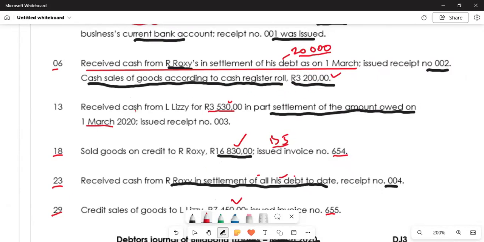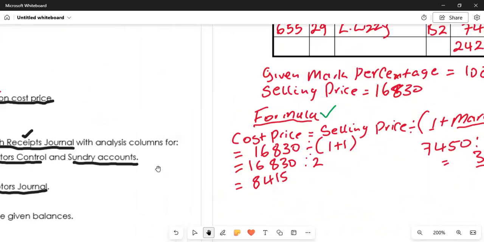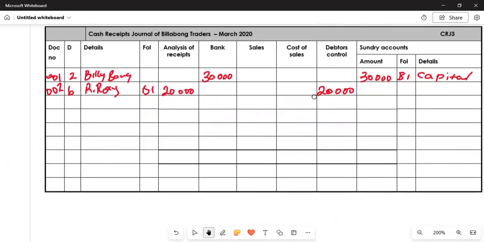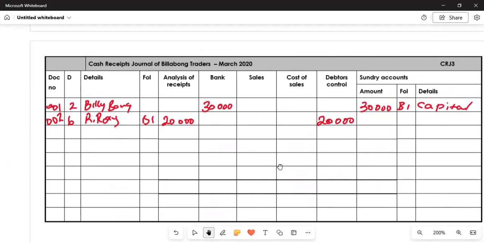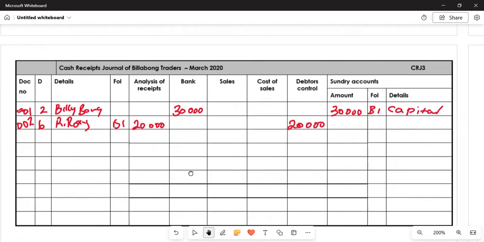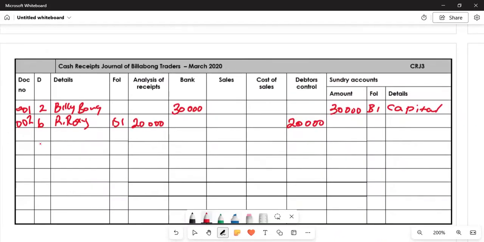It means that for goods that we sold on cash, we received this much. As well, it goes under the cash receipt journal. Let us quickly record it. It was still on the 6th.